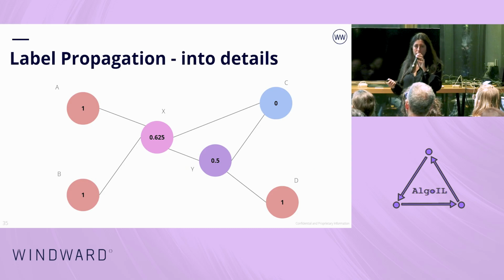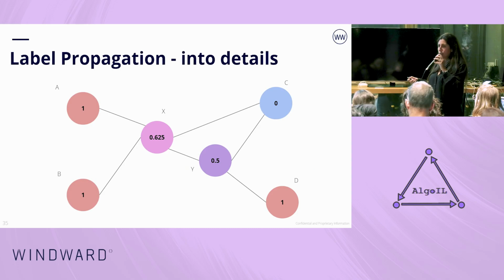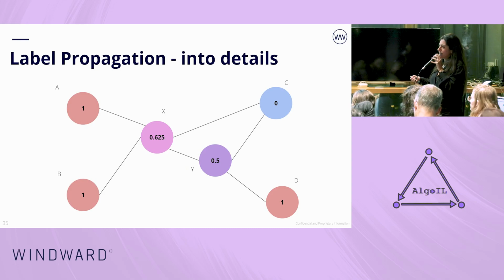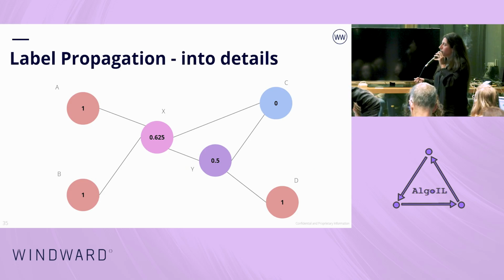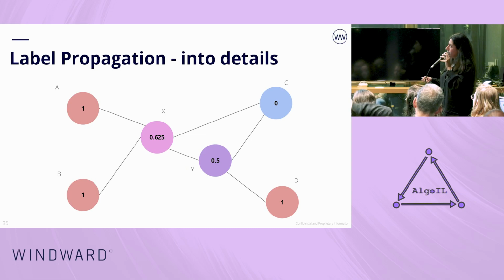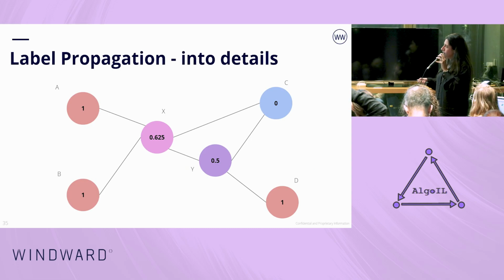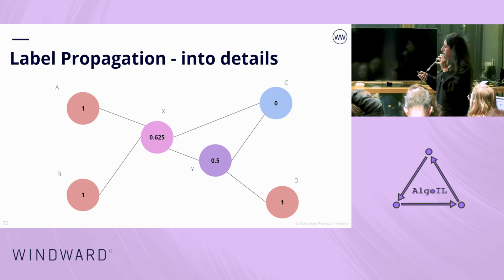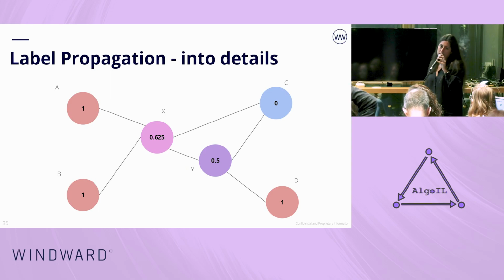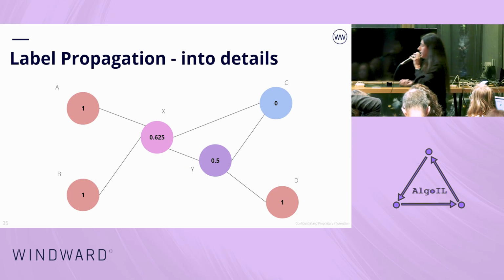And then you're propagating for each node its neighbors. So let's take this node X, and you're imputing it the average of its neighbors. So here 1 plus 1 plus 0 plus 0.5. You get 0.625.